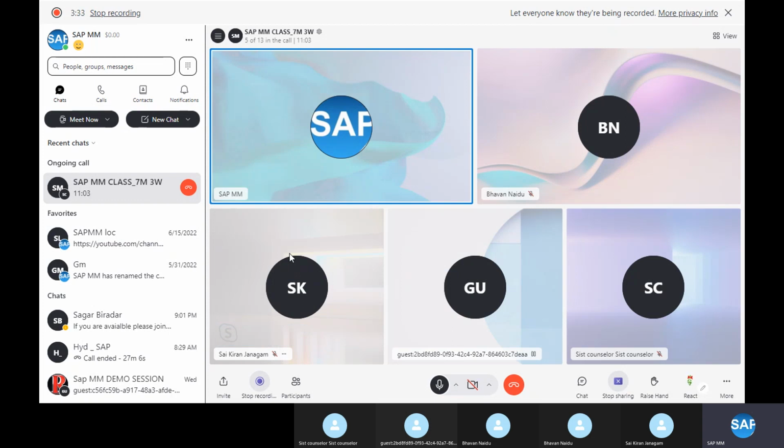What are the areas the finance module will cover? They will cover account receivables and account payables. Account receivables is when we are getting money into our account, and account payables is when we are paying amount to the outside. Account payables is when we pay the vendor: when you purchase something, you need to pay the amount to the vendor.